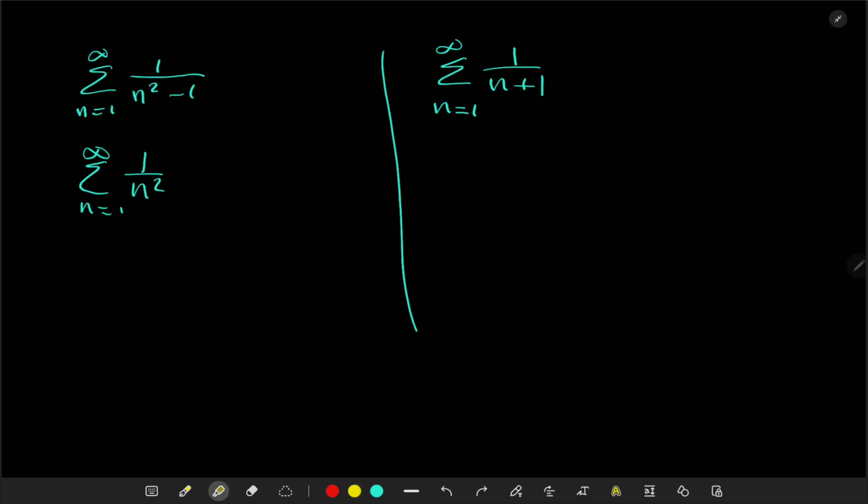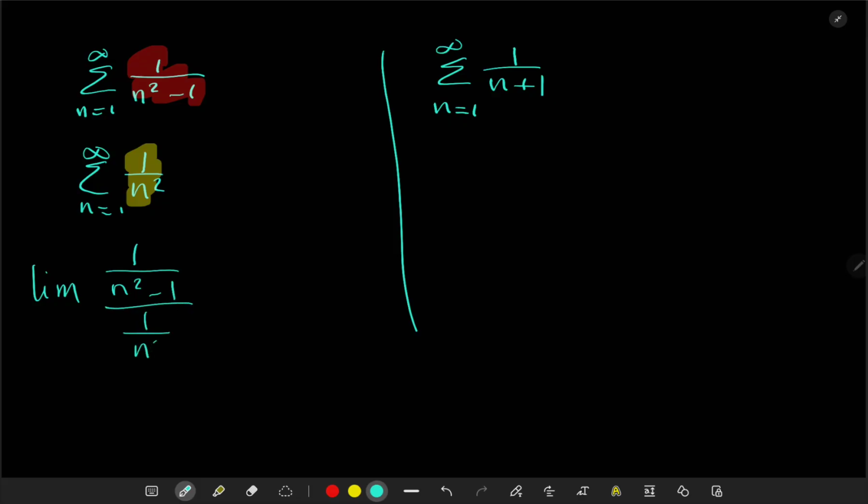You're going to grab this guy and this guy, just the nth term, and you're going to do a ratio of them. You're going to take the limit as n goes to infinity of 1 over n squared minus 1, over 1 over n squared.